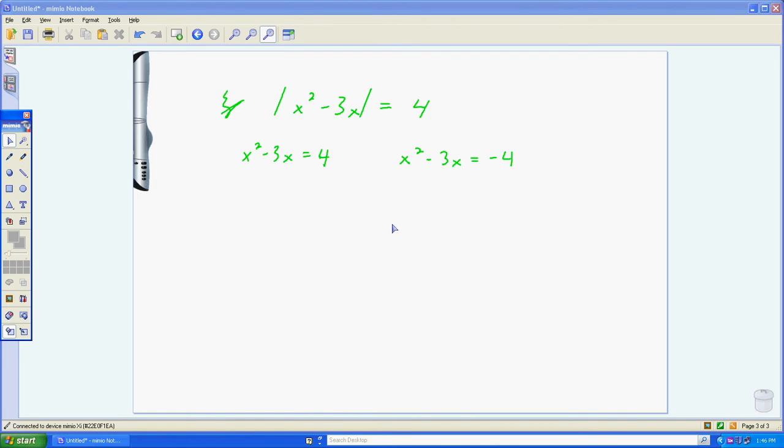So when I bring the 4 over on this first one, x squared minus 3x minus 4 equals 0. Trinomial, easy. So (x minus 4)(x plus 1). That works, right? But this one here, x squared minus 3x plus 4 equals 0.